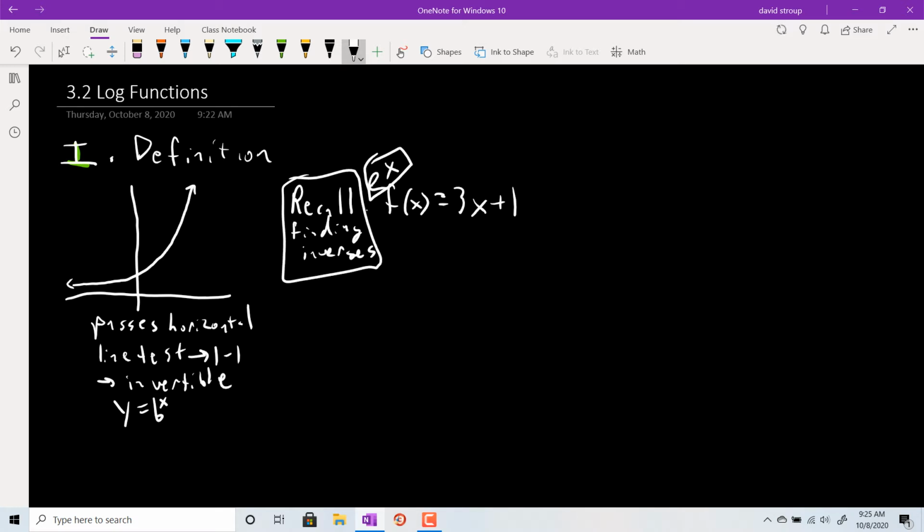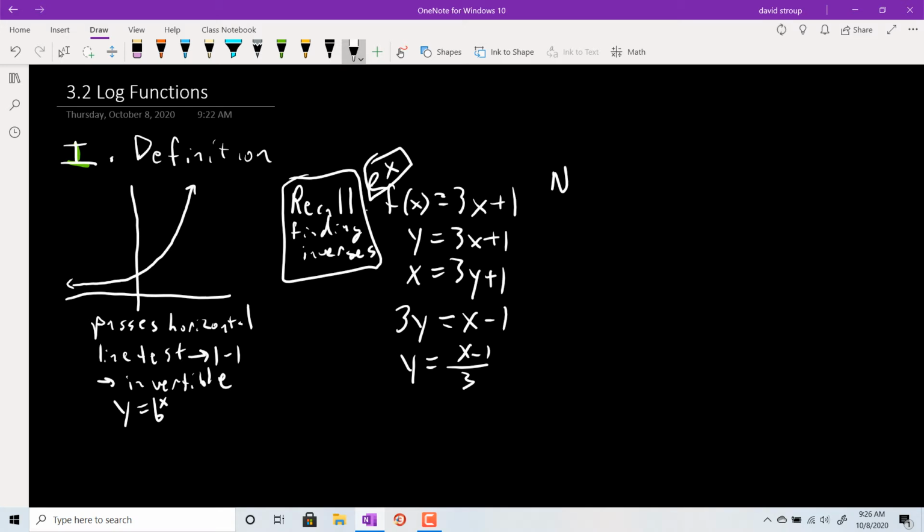Well, we said, okay, this is y equals 3x plus 1, and I switched the x and the y, so x equals 3y plus 1, and then solve for y. So 3y is x minus 1, and then you can divide both sides by 3. x minus 1 over 3, and then make sure it satisfies the cancellation equations.